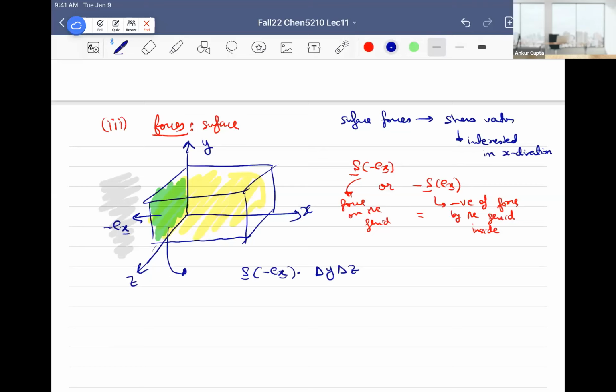This is true, that this is the force, but we are doing the balance in the x direction. So I'll find this value and take the x component, because I'm doing the balance. This is the force on that surface, but I'm not doing the balance of the full force, I'm only doing the balance of the x. You are welcome to do this, but it's not very difficult to see.